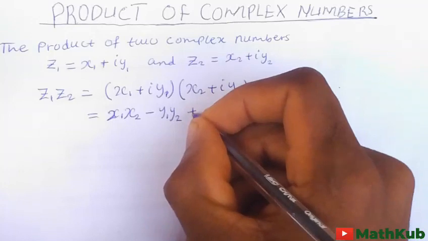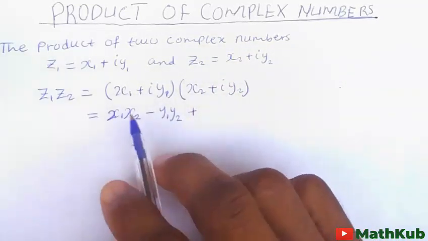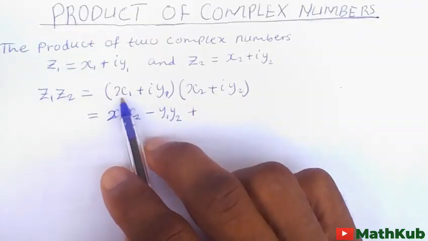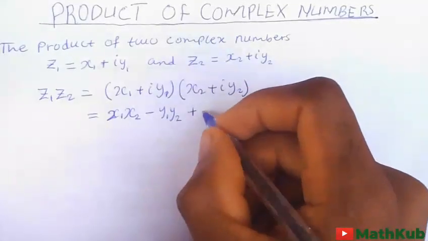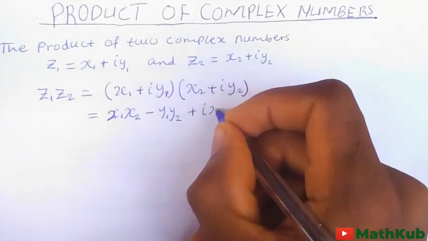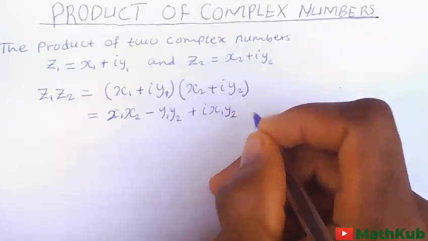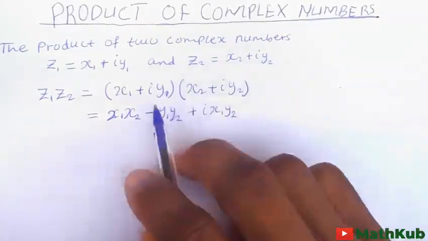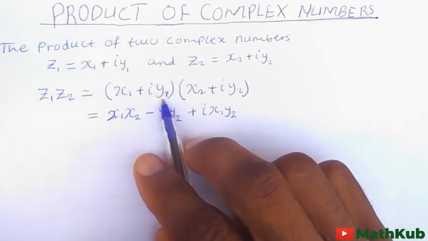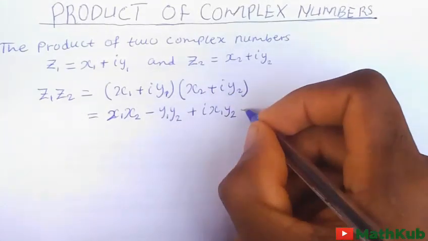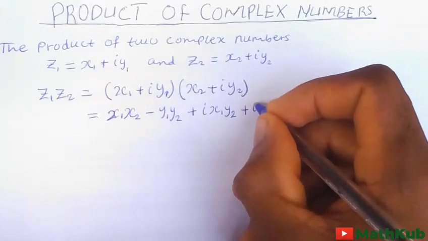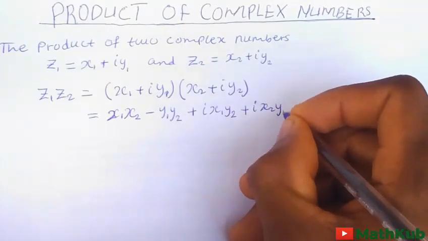We have plus, we multiply x1 by iy2, we have i x1 y2. Multiplying iy1 by x2, we have i x2 y1.